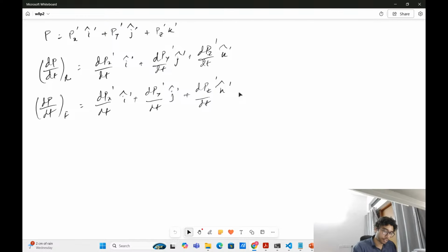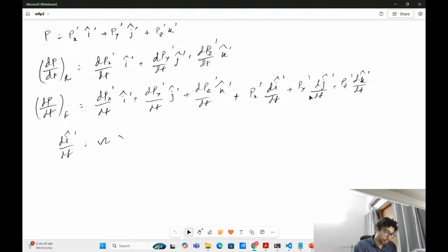So up to this far, it's the same, and then you will have some additional terms like px prime di prime dt plus py prime dj prime dt plus pz prime dk prime dt. And what are these quantities? Di prime dt is basically omega cross i prime. Similarly, dj prime dt is omega cross j prime, and dk prime dt is omega cross k prime.